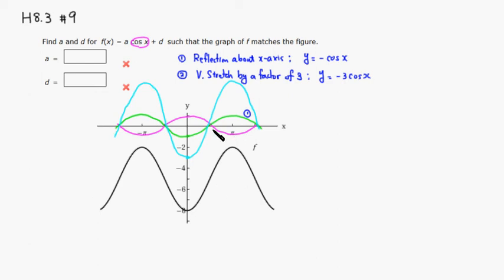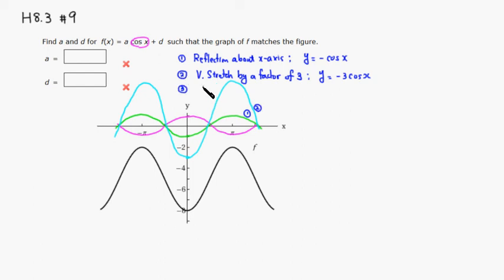So it looks like we're getting the correct shape, but it seems like it's in the wrong place. It's at -3, and we want to shift it down by 1, 2, 3, 4, 5. So here's the third transformation.